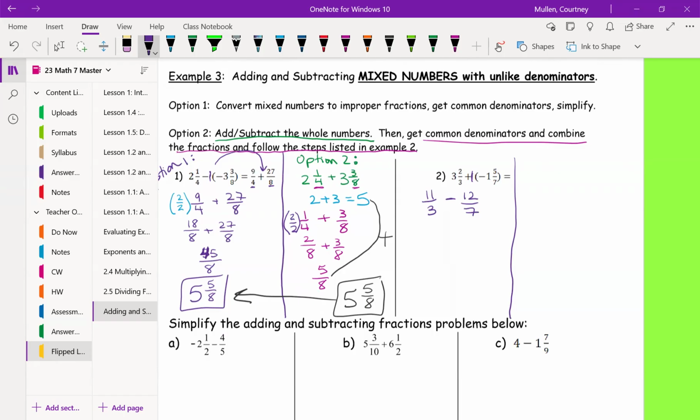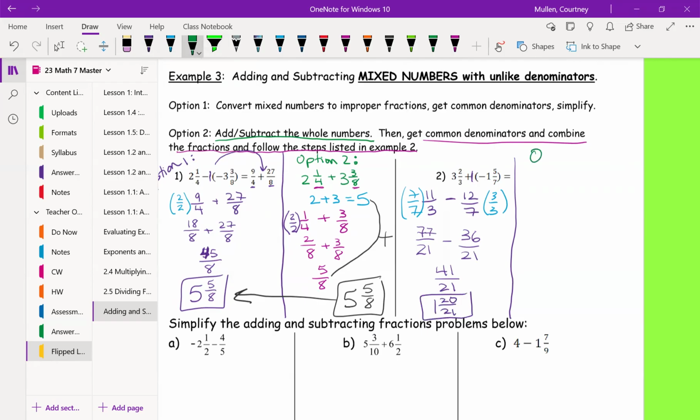We're ready to get common denominators, which we already know to be 21 from the other side. So we have 77/21 minus 36/21. We'll subtract our numerators, keep our denominator, and convert our improper fraction back to a mixed number. So we have 1 and 20/21.